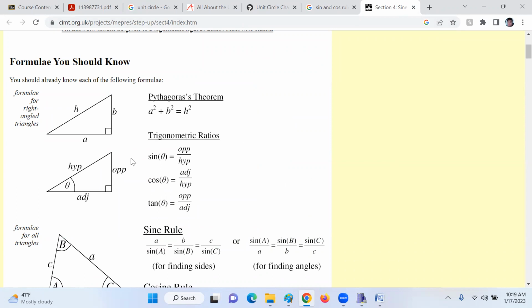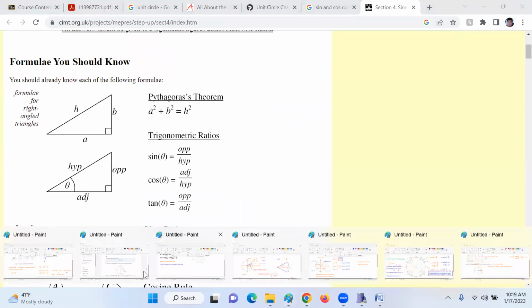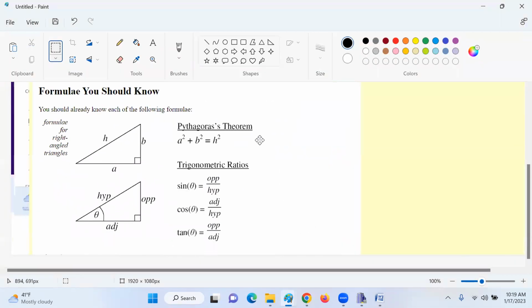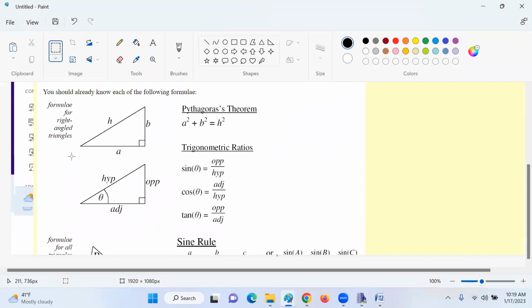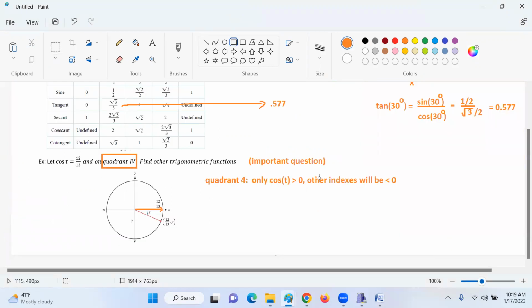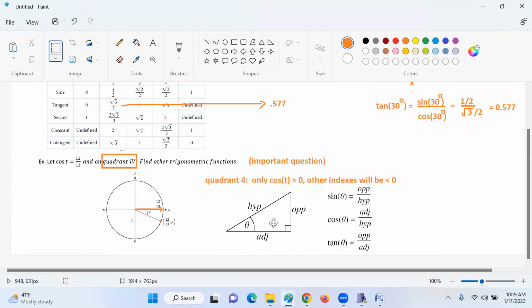I'm going to use the trigonometry ratio to deal with this question. It's almost impossible to follow the rule that we have over there. I want to change theta to t, because theta is a little hard for me to write, and we also use t for the problem, so I would just stick to that.